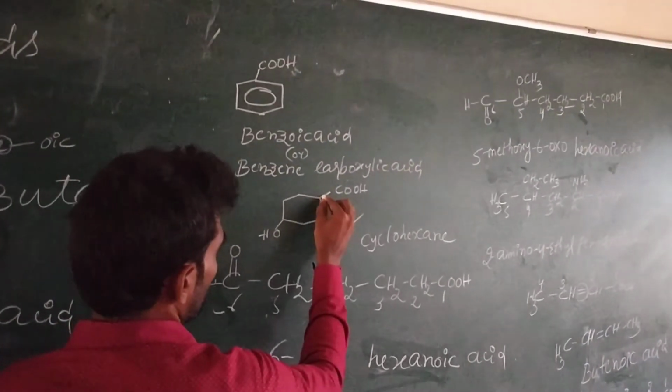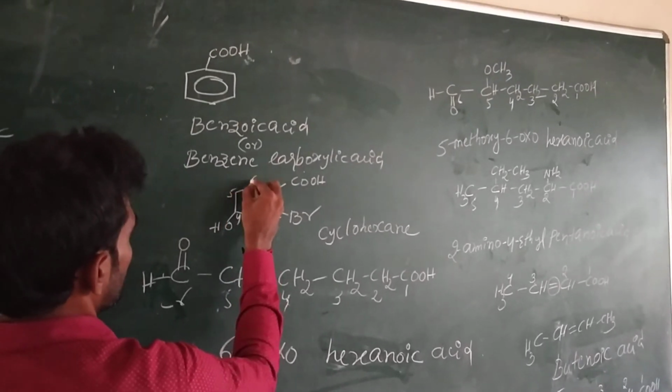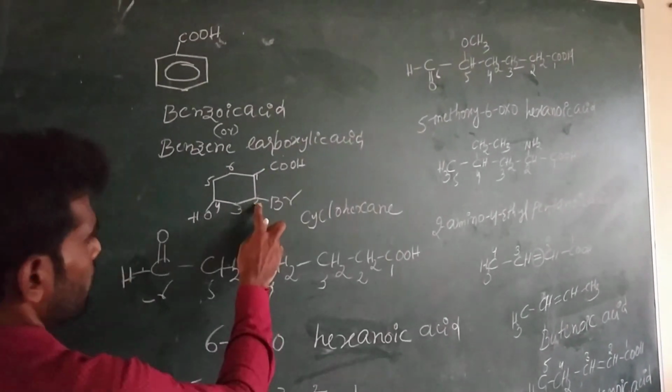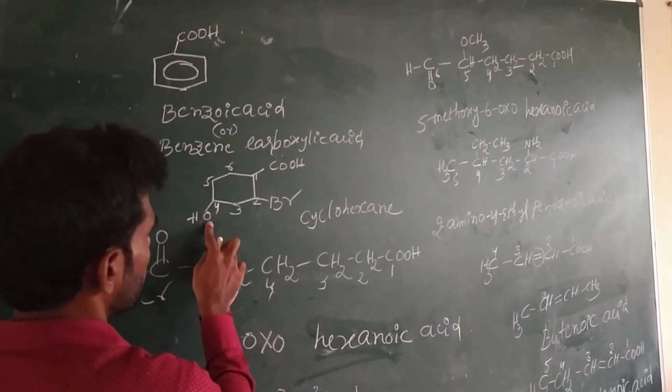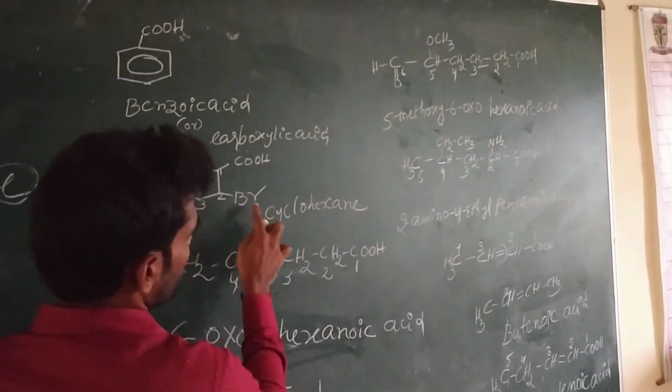First of all, we should give the numbering 1, 2, 3, 4, 5 and 6. We have the second position, we have the substituent, and at the same time fourth position we have the substituent, and we have the carboxylic acid.